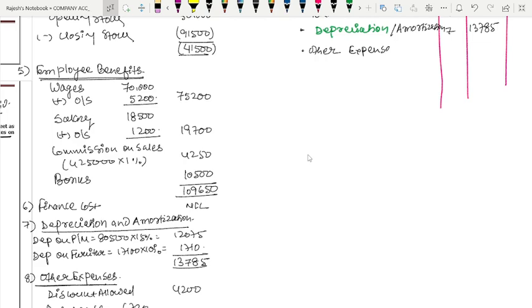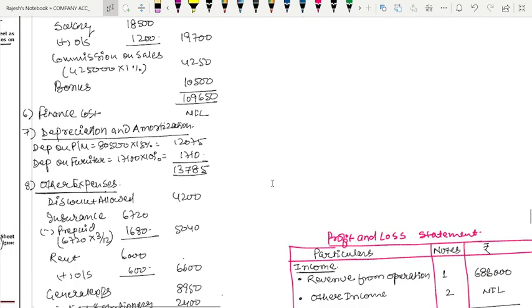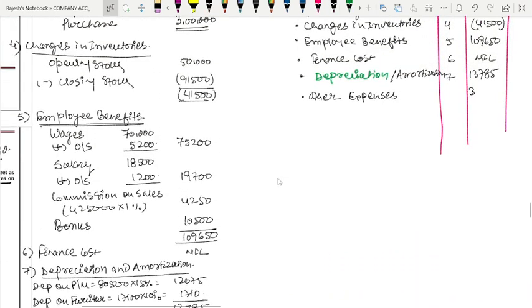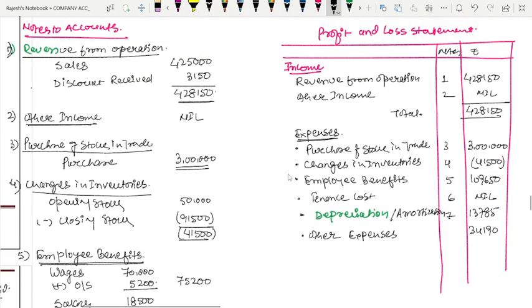No, you total it. 3 lakh minus 41,500 plus 109,650 plus 13785 plus 34,190. 4,16,125 now.